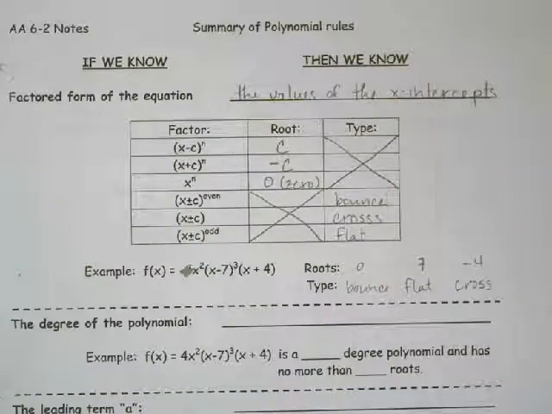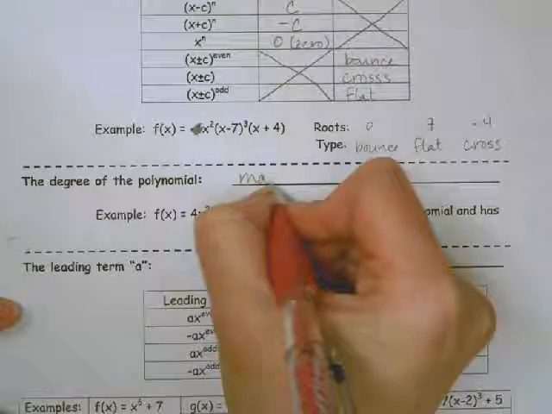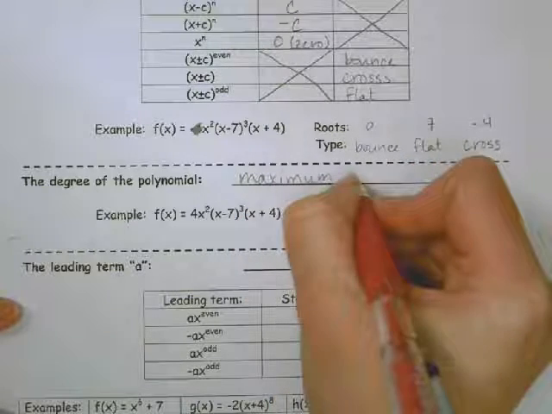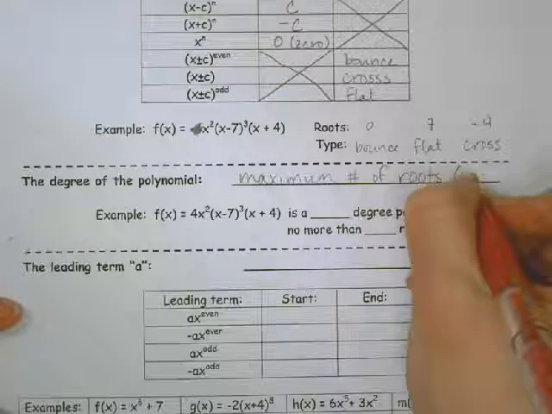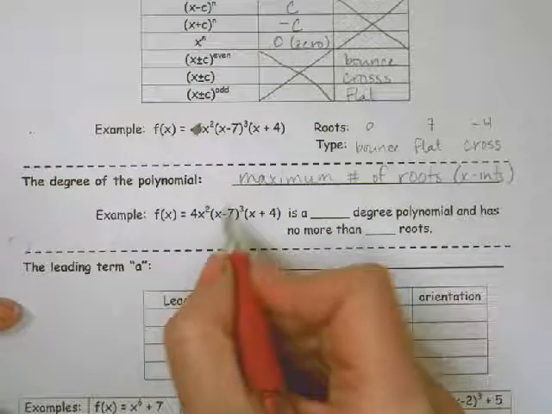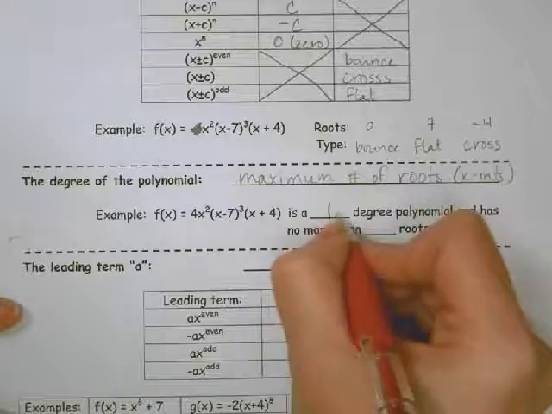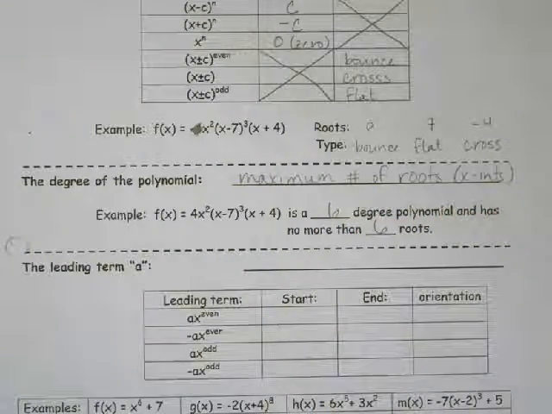So if we know the degree of the polynomial, that tells us the maximum number of roots or x-intercepts. So this is a 1, 2, 3, 4, 5, 6 degree polynomial. It's going to have no more than 6 roots. If we go back to that, this one in fact only has 3 roots.